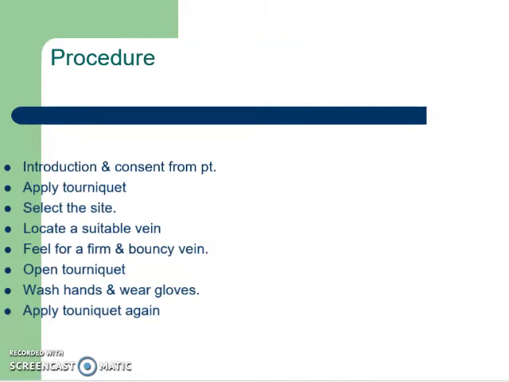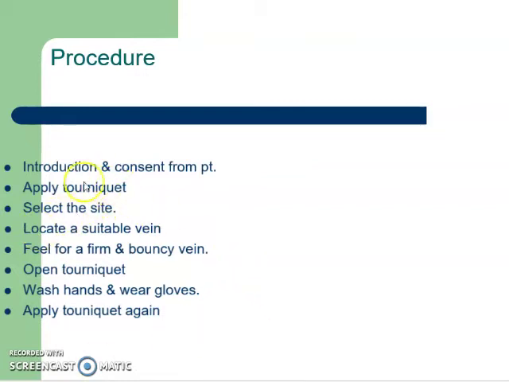Okay. Then you apply a tourniquet, select the site. Where will you apply the tourniquet? The tourniquet has to be applied at the arm, that is where a single bone is there. Then tie it a little tight so that the distal veins become prominent.